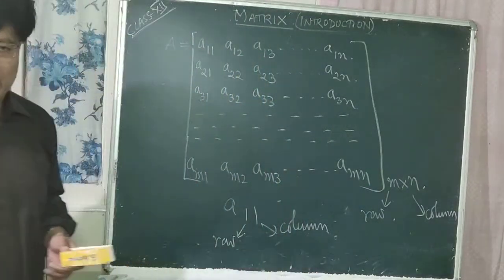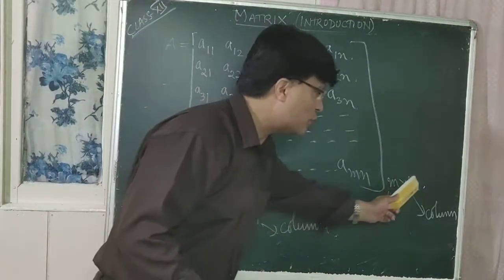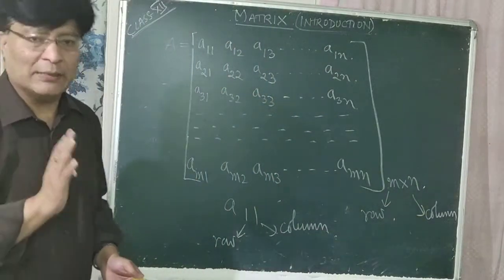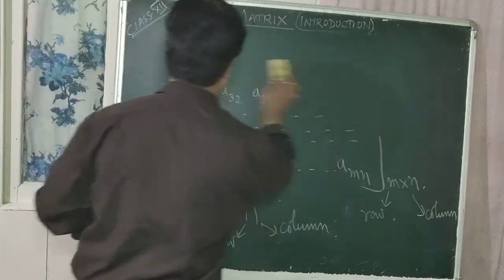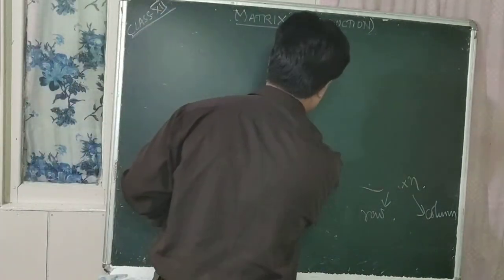So how can we define a matrix? A matrix is an array in which m into n elements are arranged in m rows and n columns. So we can write down the definition also.